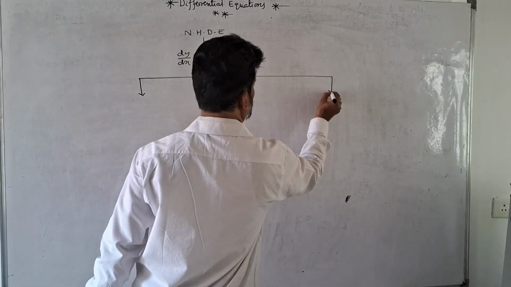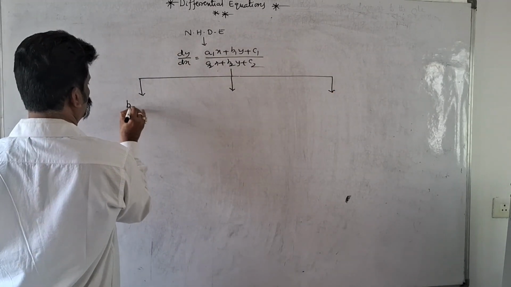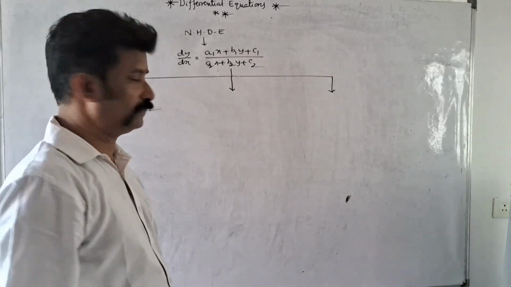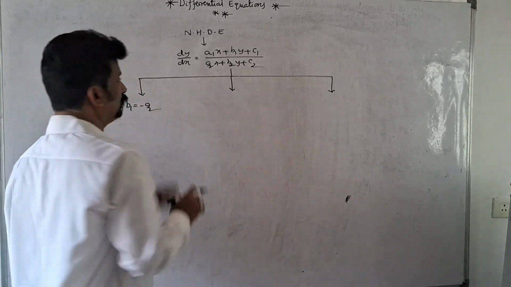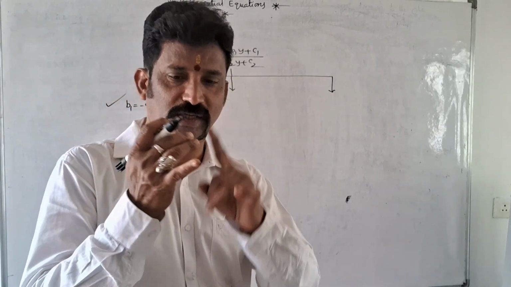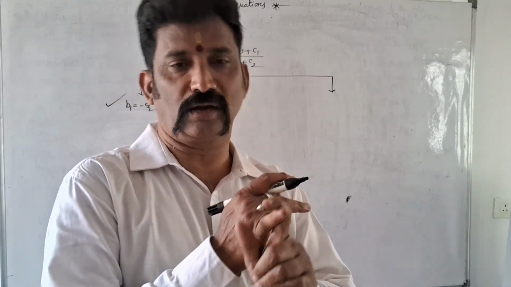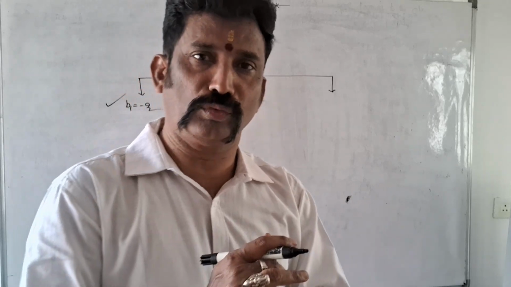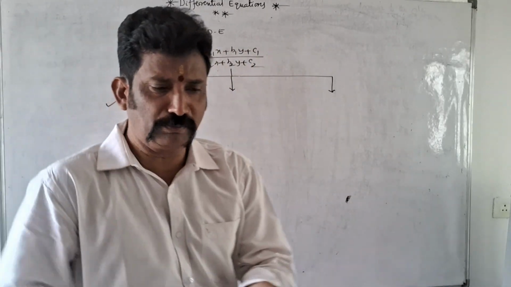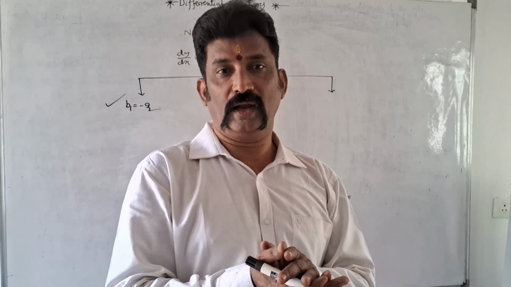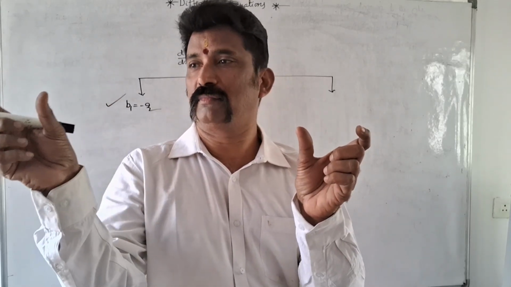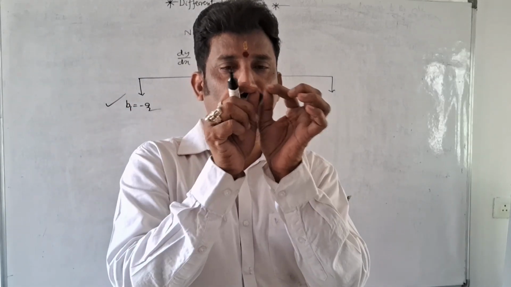First one is b1 is equal to minus a2. This one is very simple. Once you check initially whether it is homogeneous or non-homogeneous, if it is non-homogeneous and b1 is equal to minus a2, then simply by cross multiplication we can arrange x dy and y dx into only one term.